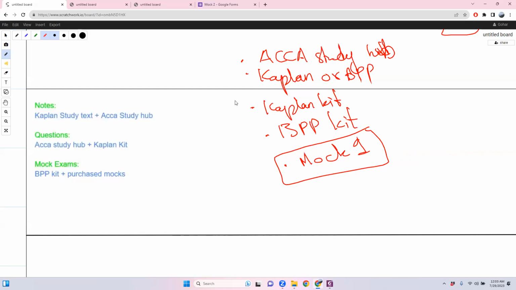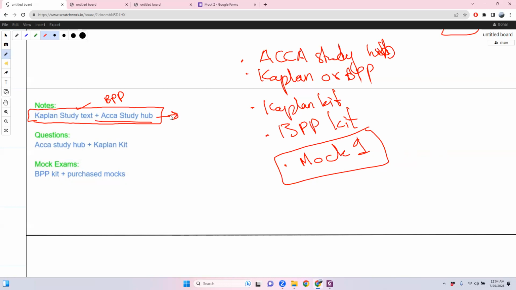For these purposes, our study program has been divided into different parts. For example, when we talk about the notes we study from, we have self-prepared notes from Wisdom that include the Kaplan study text, the BPP study text, and also all the information within the ACCA Study Hub. Because the most important thing you can study from right now is the ACCA Study Hub.